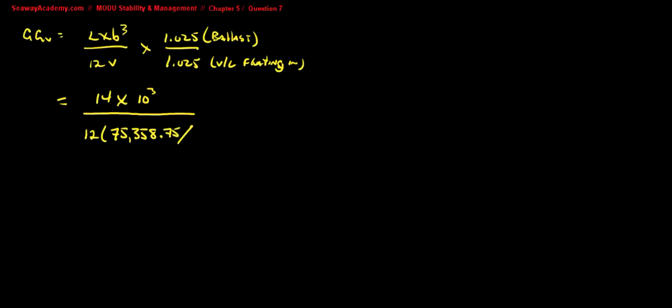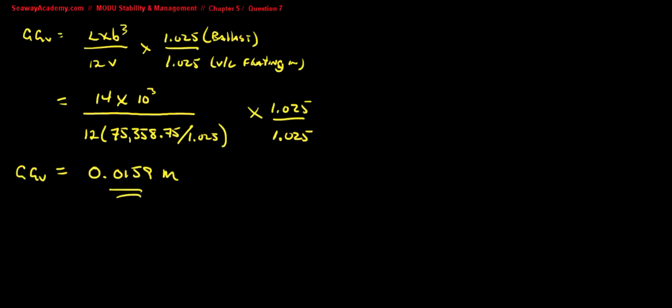To convert that to volume, you're going to divide it by the density of the salt water, which is 1.025. The ballast water again is 1.025, and the vessel is floating in salt water of 1.025. So when you calculate this out, you're going to get a shift of the center of gravity due to the free surface of this tank of 0.0159 meters.